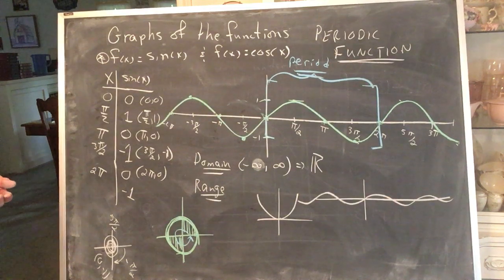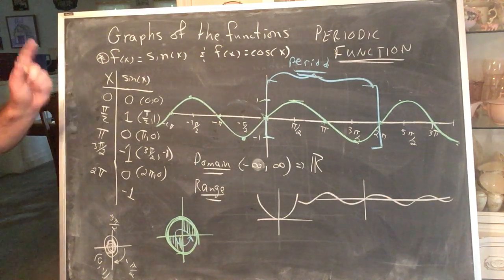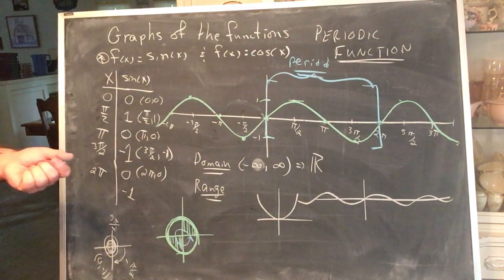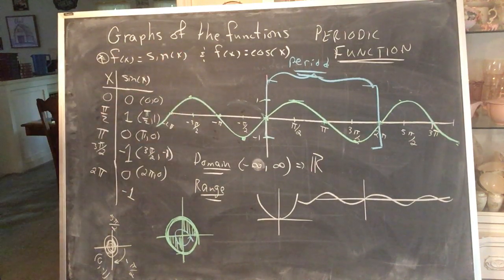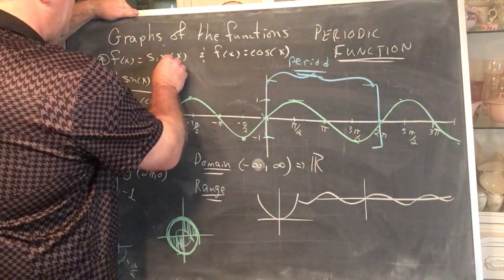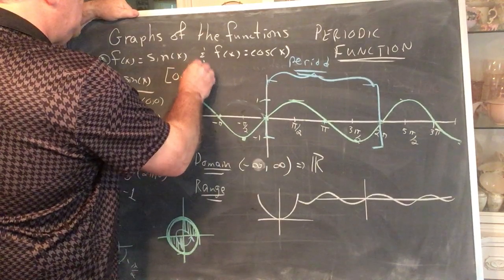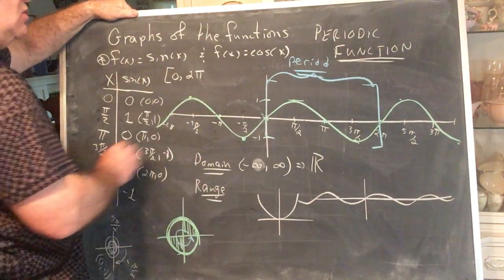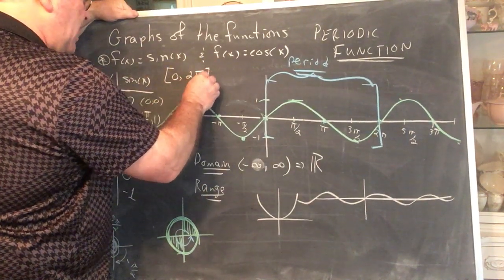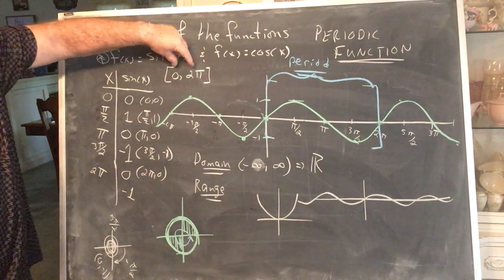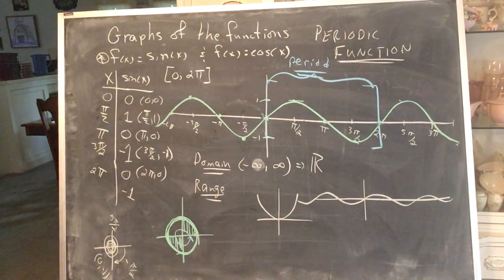For that and a few other reasons, typically when you draw the graph, the sine curve, we draw from 0 to 2 pi. You may include the 2 pi or not. Typically when you draw the graph, you do include the endpoint.